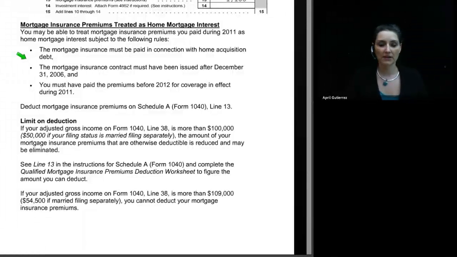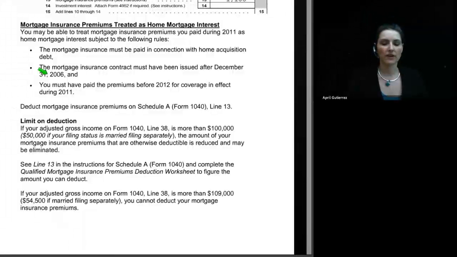It's an outrageous amount of money, and historically it was never deductible. And then sometime around 2003, 2004, they passed a law to make mortgage insurance premiums deductible. But in order to be able to deduct them, you have to have income that is low enough. And actually the magic date was 2006.